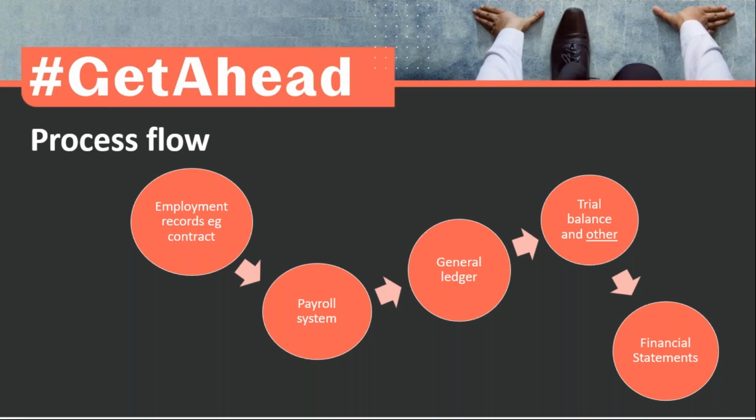Your clients might use a separate software where they run and process all the payroll information, which then gets journalized into the general ledger. It just depends on the different types of entity. That's your work, to go and understand how this process works for your client.